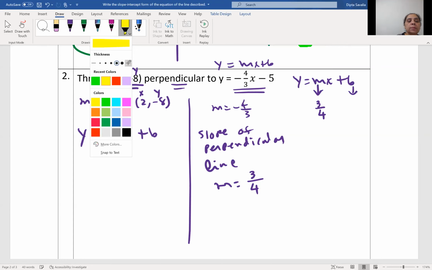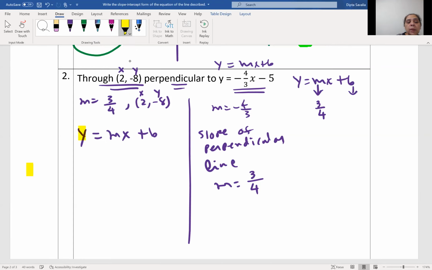Let's see here, we have 4 variables, 1, 2, 3, and 4. We have 3 variable values here. We will just plug in so we can solve for b. So now we have y is -8, m is 3/4, x is 2, and b we need to find.